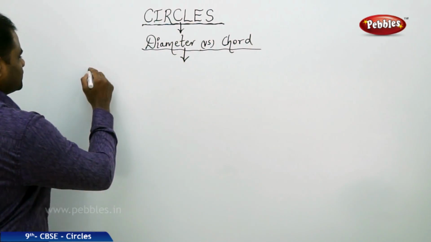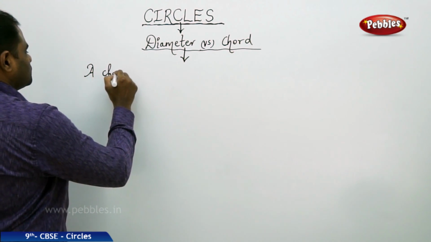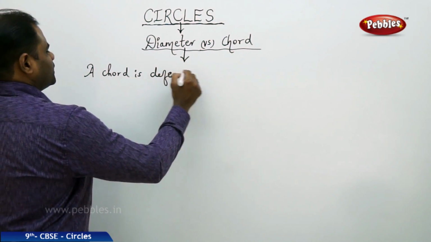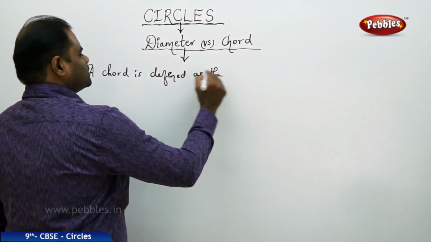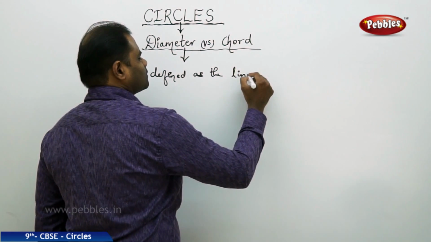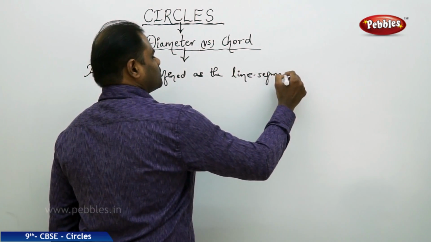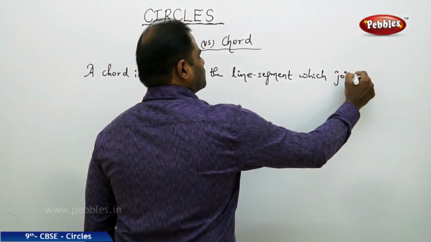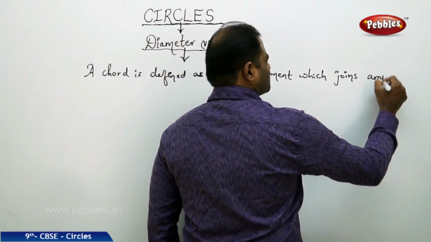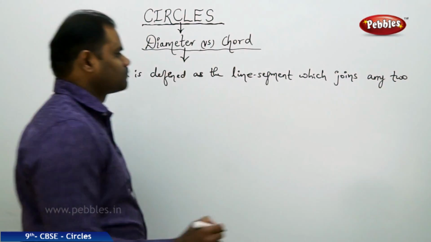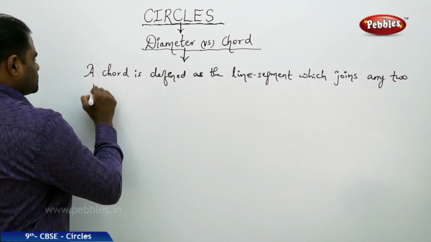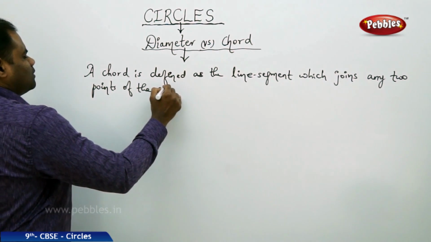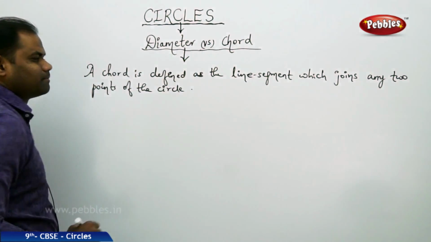So a chord is defined as the line segment which joins any 2 points of the circle.